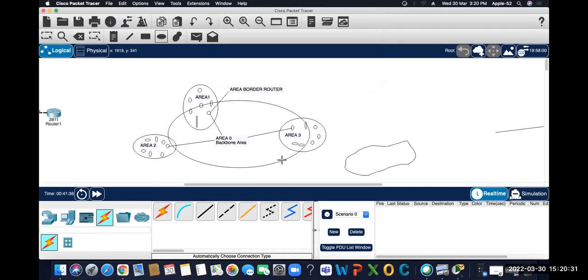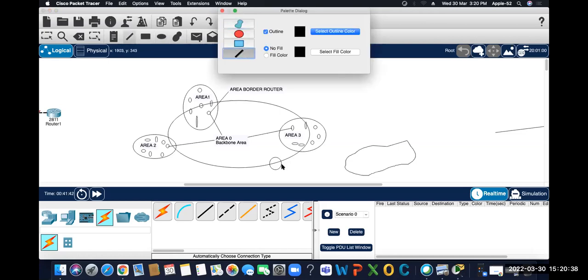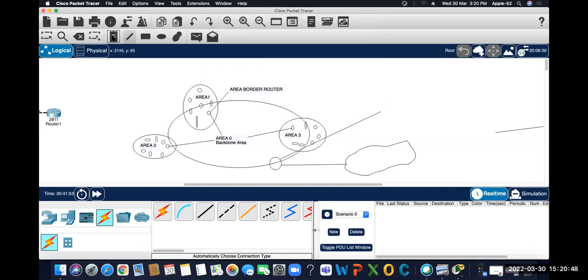That work will be performed by one router here, and this will be known as ASBR, that is Autonomous System Border Router. Autonomous System Border Router.